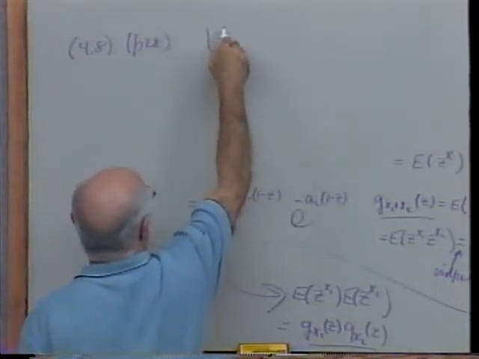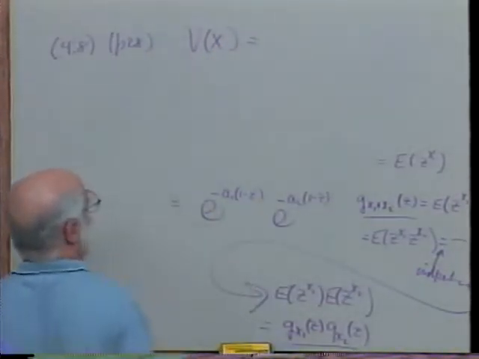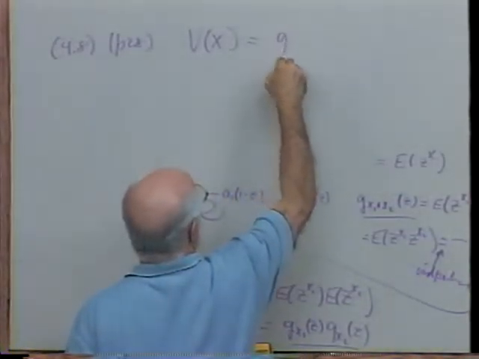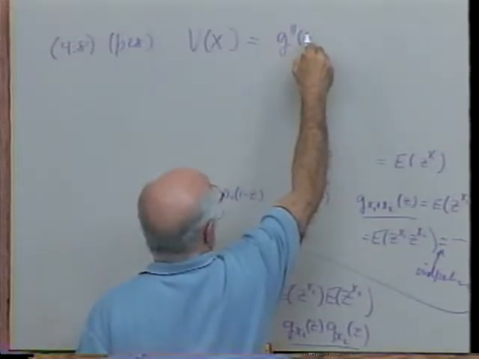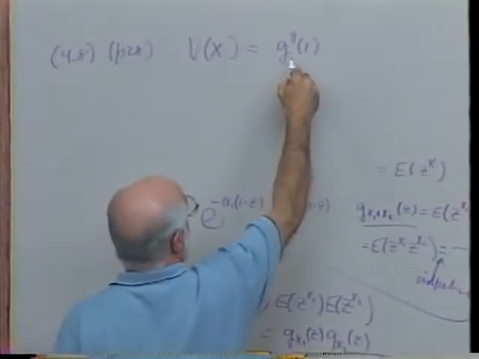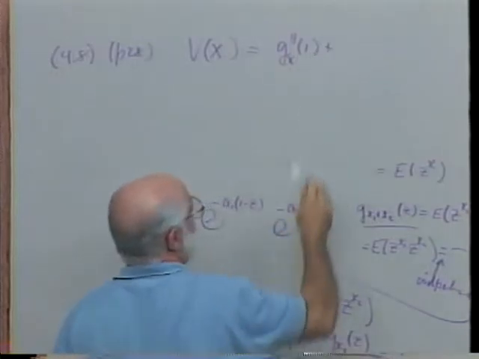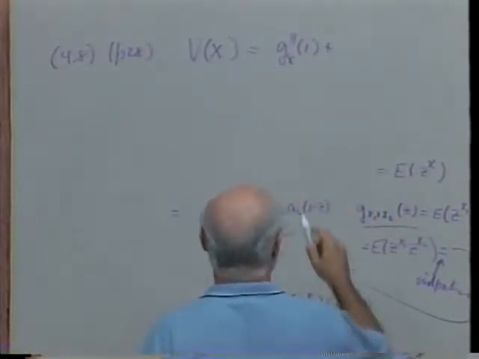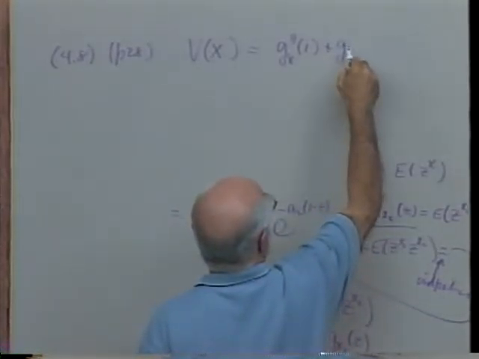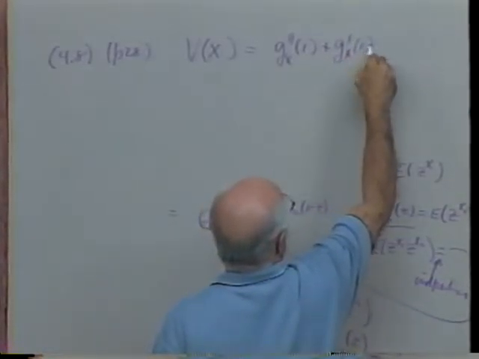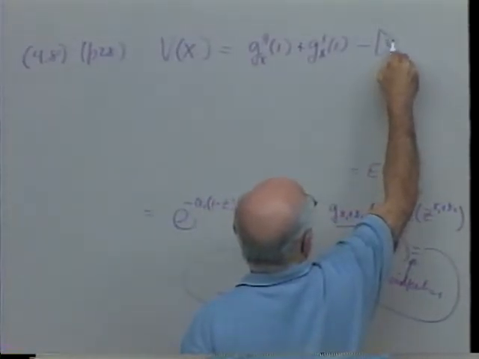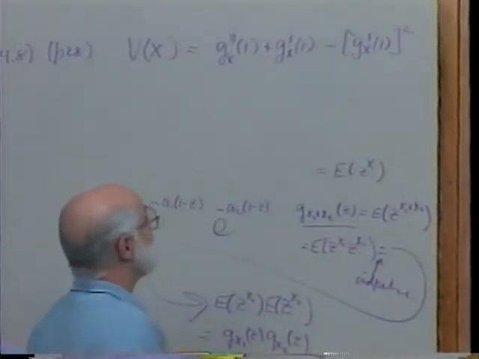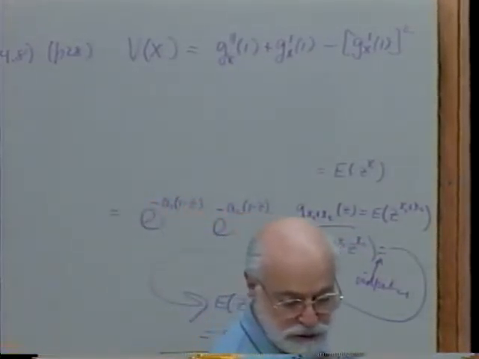It says that the variance of a random variable is equal to the second derivative of the generating function evaluated at 1 plus the first derivative evaluated at 1 minus the first derivative evaluated at 1 squared, if I copied this right.